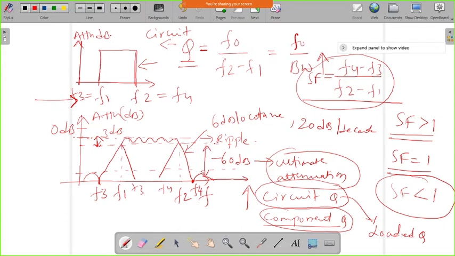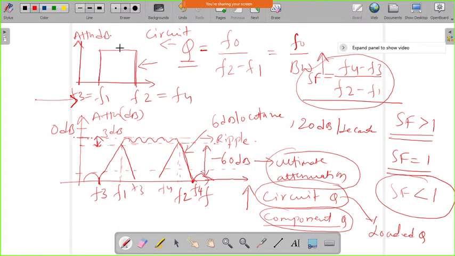If I say this is the passband for the practical circuit, that is F2 minus F1, then outside the passband, how much roll off or attenuation happens, maximally, we call the ultimate attenuation. You can see here the attenuation goes on reducing; outside the passband it is drastically reducing. So how much it is going to reduce, that we call the ultimate attenuation.